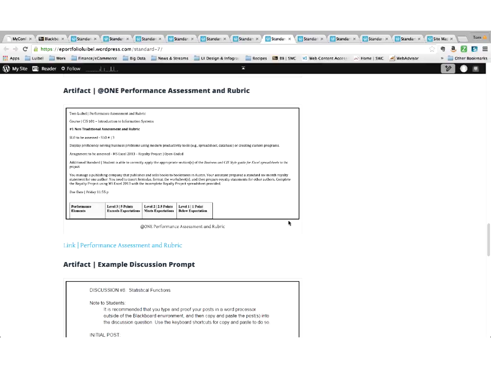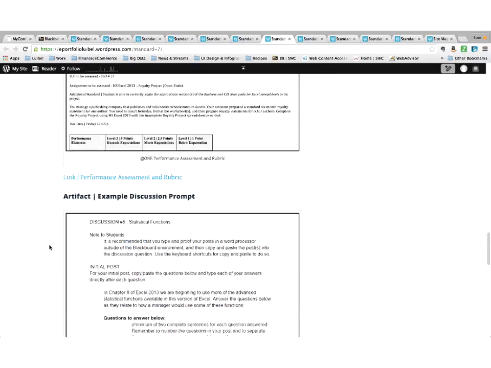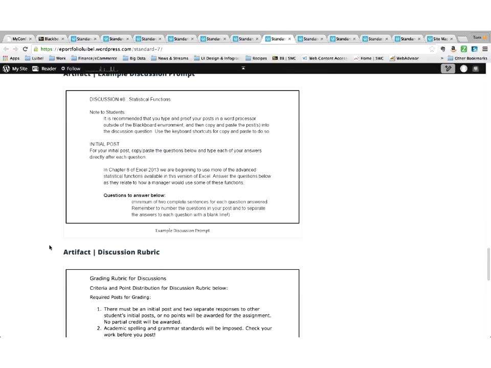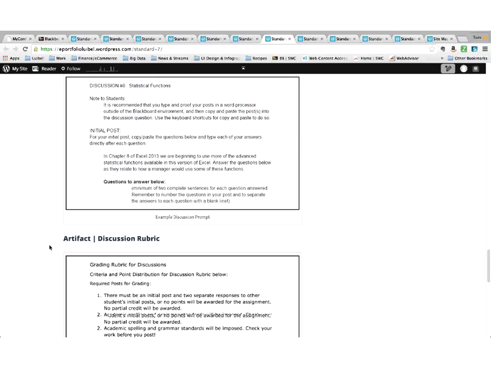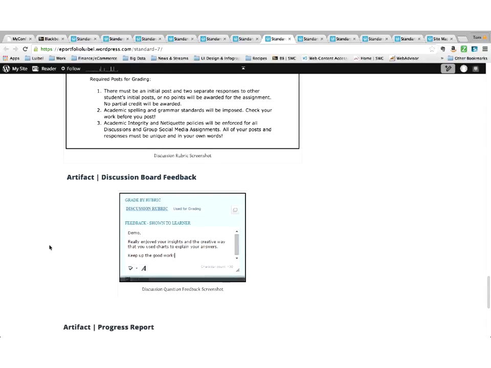It really taught me how to chunk the information and get at the granular level. So it was a very good exercise. And I think the detail and rigor and discipline of that have really made me take a different look at how I design courses. And then I again have the rubric and the discussion prompt, so they know what's expected of them and how they're going to be graded.